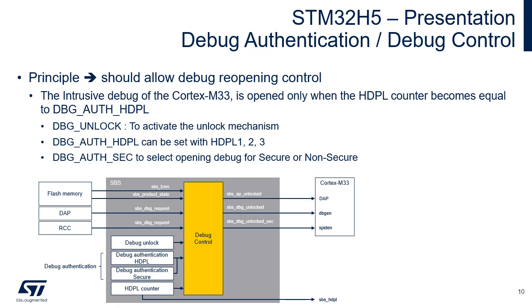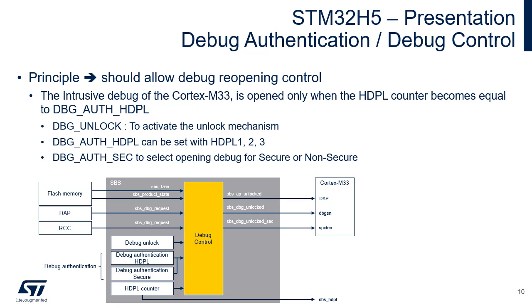This figure describes the SBS debug control unit. Debug opening depends on the states of inputs on the left of the figure. The debug control unit is configured by the SBS subunits located on the bottom left. The outputs of the debug control unit provide the debug authentication signals to the Cortex-M33 and debug-related IPs such as the DAP.